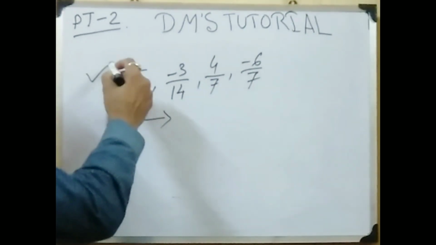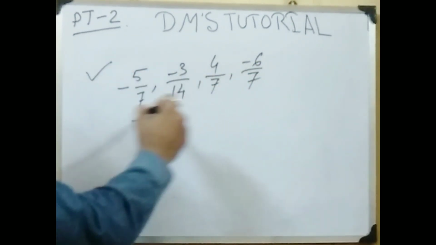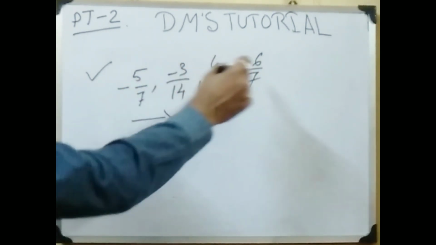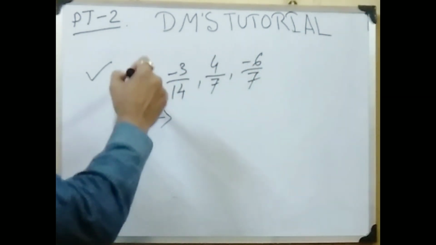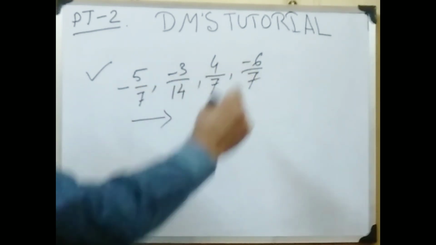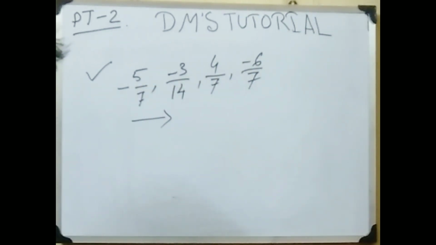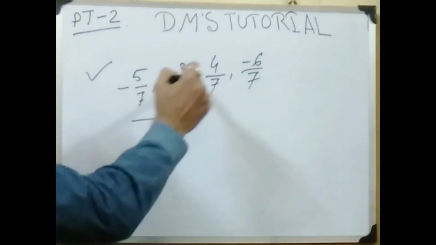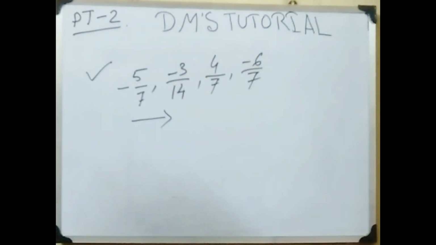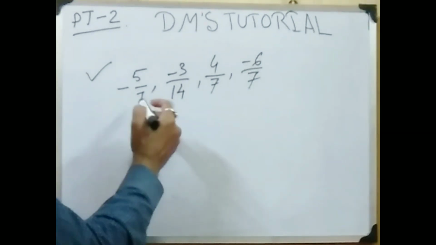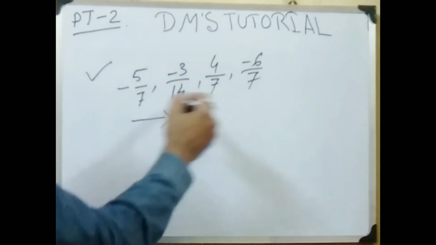As I told you earlier, we have to make all these rational numbers like fractions, apart from the sign, on the numerical value. The denominators are 7, 14, 7 and 7.